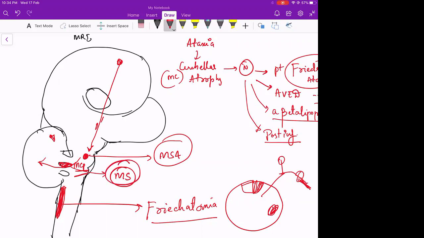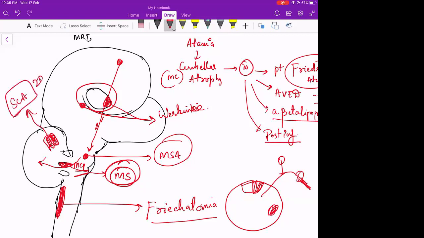If the patient is having T2 hyperintensities in the mammillary bodies and the paraventricular thalamus, with a background of alcoholic history, you'll suspect Wernicke's encephalopathy. Dentate nucleus calcification is particularly seen in SCA20, that is spinocerebellar ataxia 20.